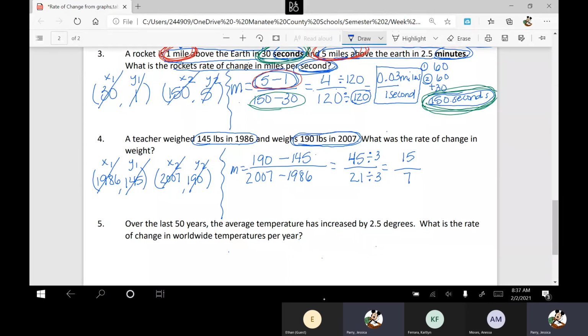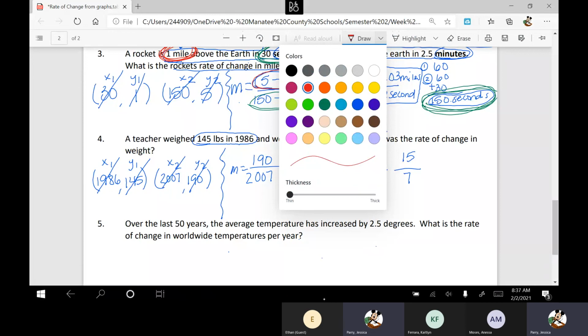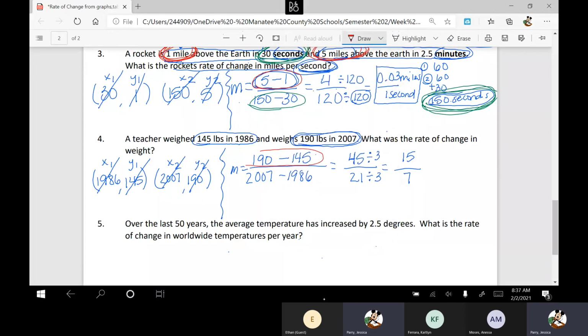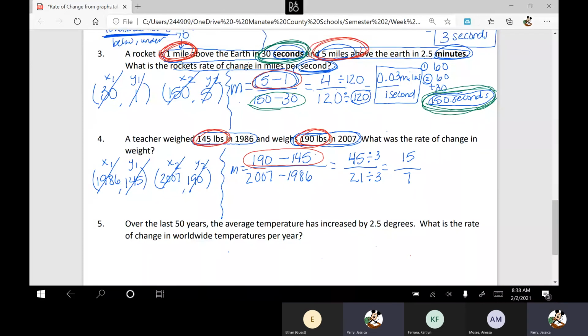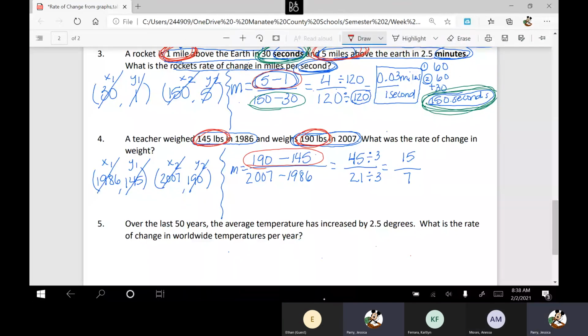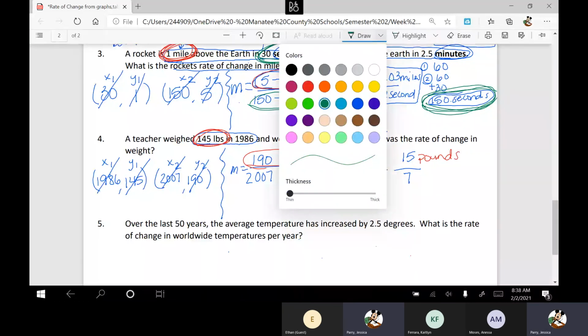Okay. So now we just need to add in our words now that it's simplified. Let's go back to our first problem here. We had the 190 and 145. So what word can I put next to the 15? Pounds. Perfect. So here's my pounds. And then let's look on bottom.